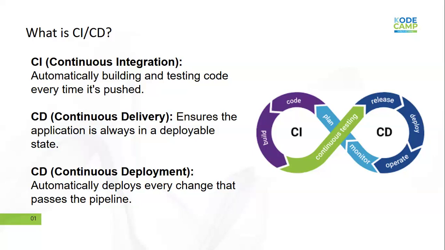Then the CD means two things. It's supposed to be continuous deployment before continuous delivery, but it's a mix-up. So continuous deployment first. Continuous deployment automatically deploys every change that passes the pipeline.